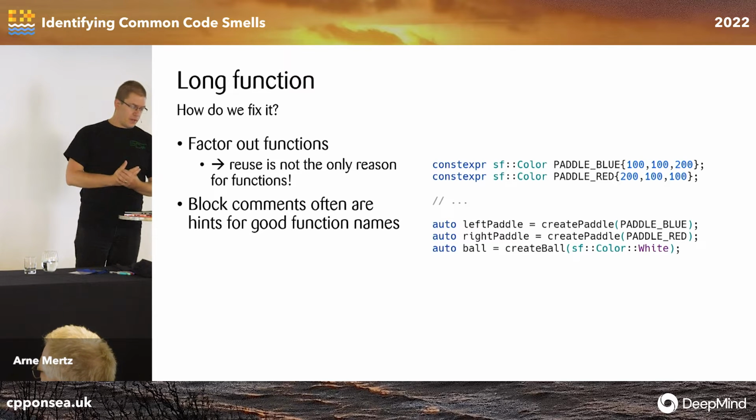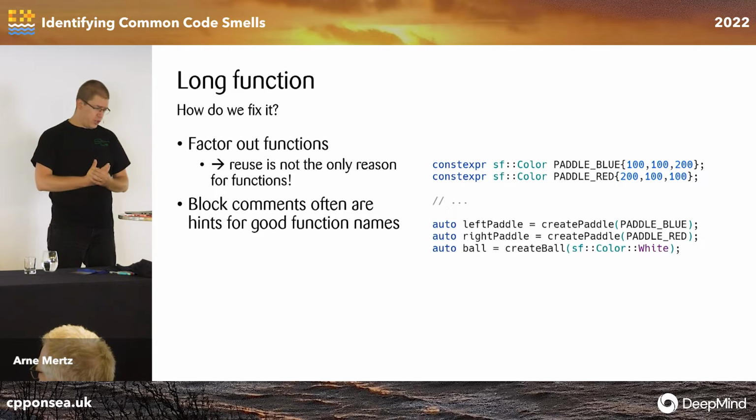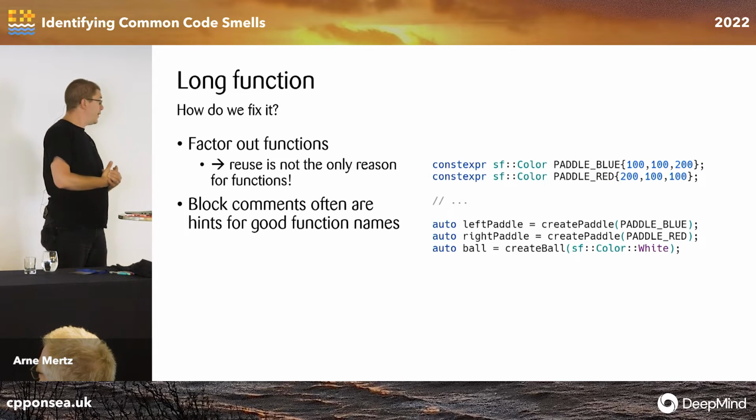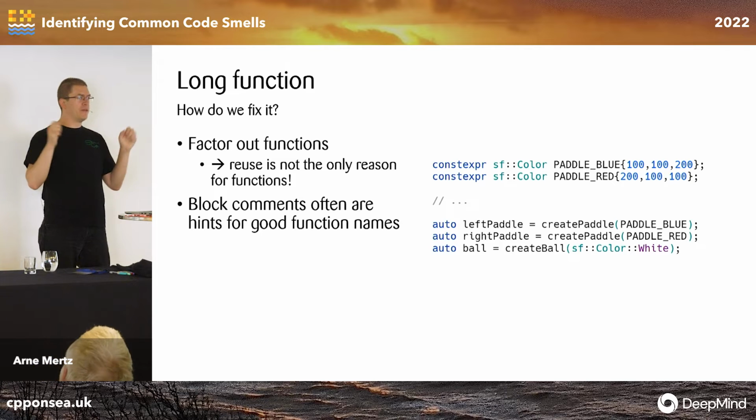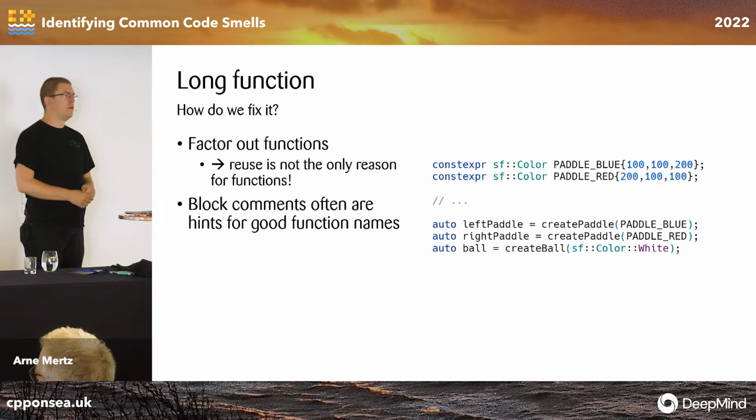So the thing is, when we factor out functions that are called create something, what's the first thing you think when a function creates something? How do we call those functions? Oh, those are constructed correctly.